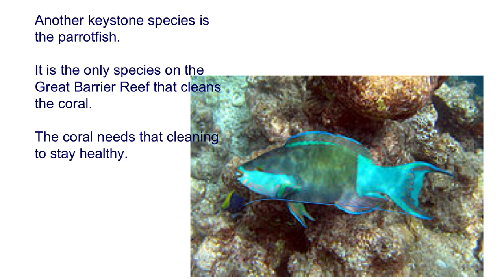Therefore, he is a keystone species, because if you take him away, the corals would eventually become very unhealthy, and coral reefs are very rich in diversity. And if they died, the whole ecosystem would crash.